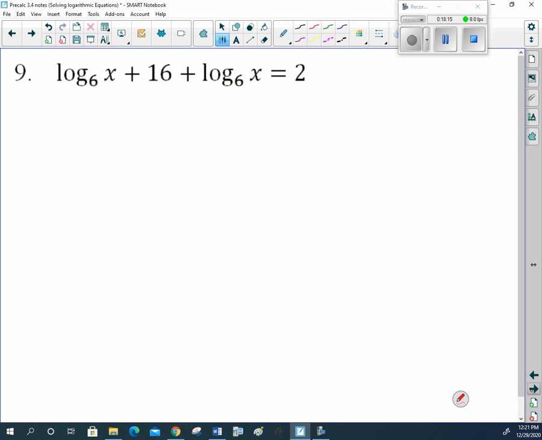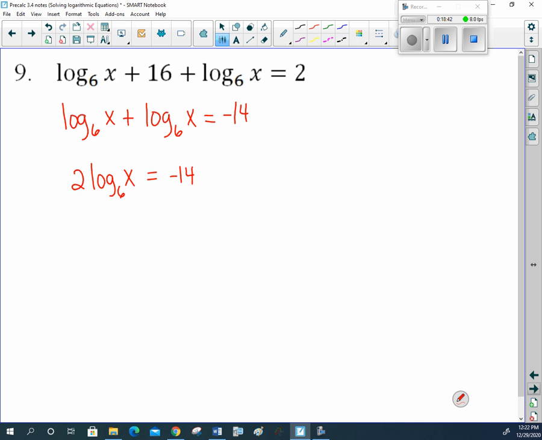So basically what I'm going to have right now is log base 6 of x plus log base 6 of x equals negative 14. Well, log base 6 of x plus log base 6 of x, those are like terms. There's 2 of them. So we'll go ahead and write that as 2 log base 6 of x equals negative 14.